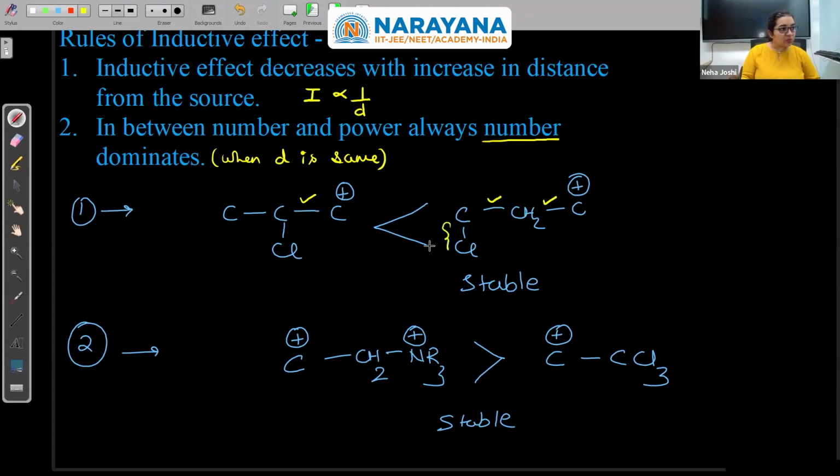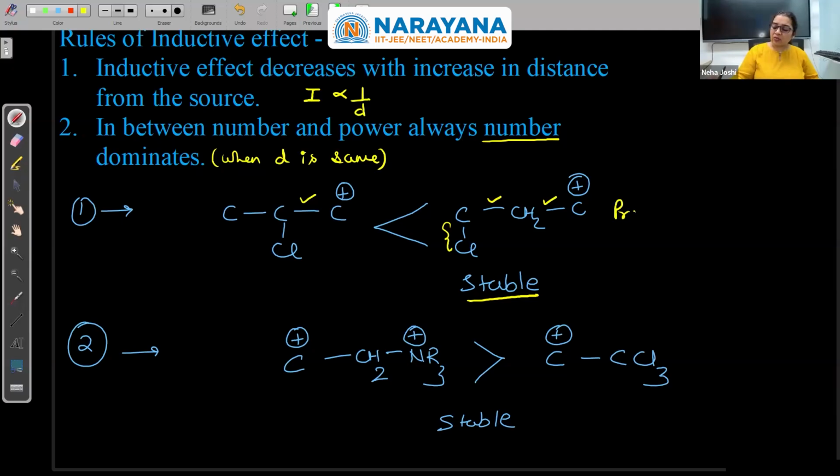Now you have this bond, so the distance is more and minus I will be less. And we are talking of carbocation, so less minus I is making it more stable. So you simply count from the source to where you have to check the effect, how many sigma bonds away.